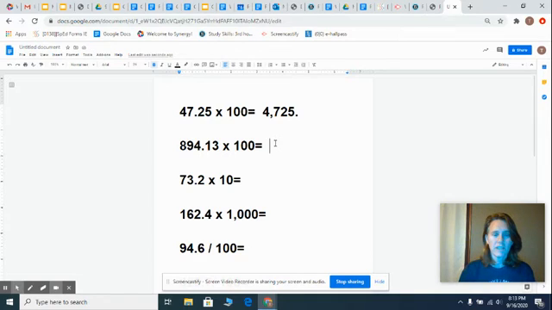Let's try another one. If you start with the number 894.13 times 100, again, we have 2 zeros in 100. Thus, we're going to move our decimal place 2 spaces to the right.